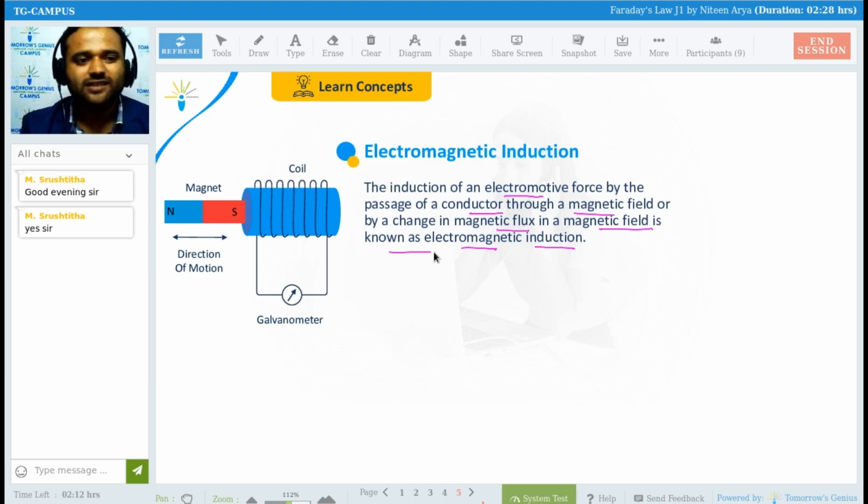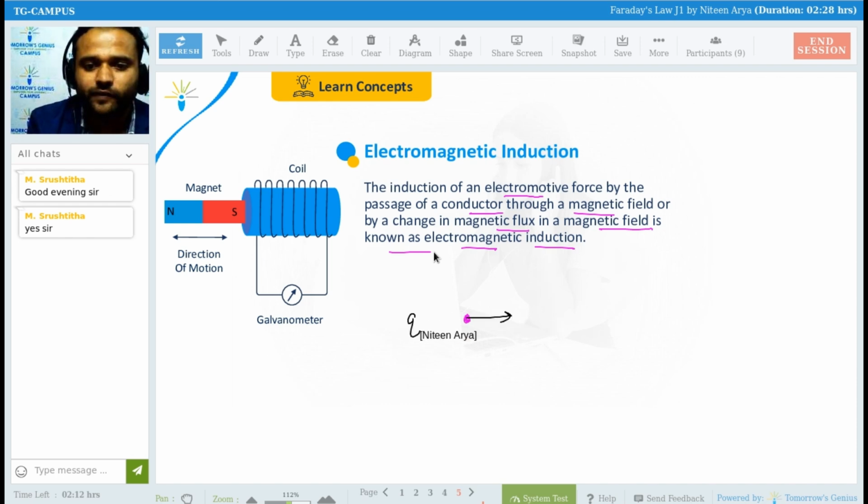So when charge starts moving, this is just the reverse concept. When charge starts moving, we have an electric current.